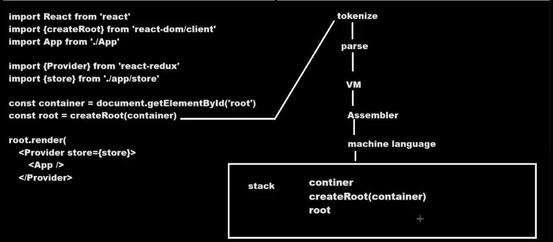It means that root is created by createRoot, and we have an import of that. It is in the memory heap, and we use createRoot here. We call createRoot with parameter container.